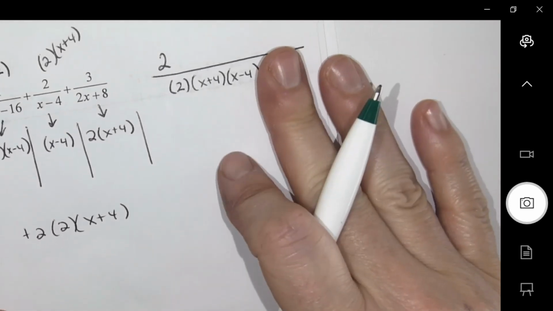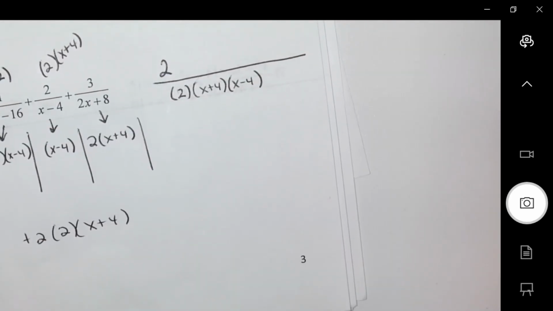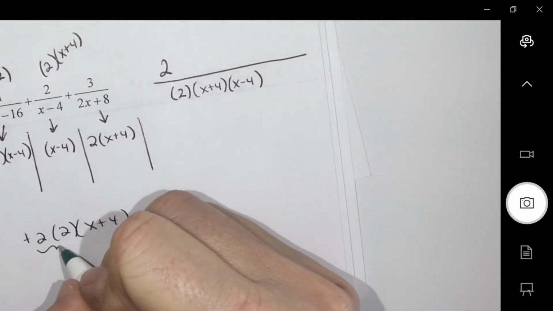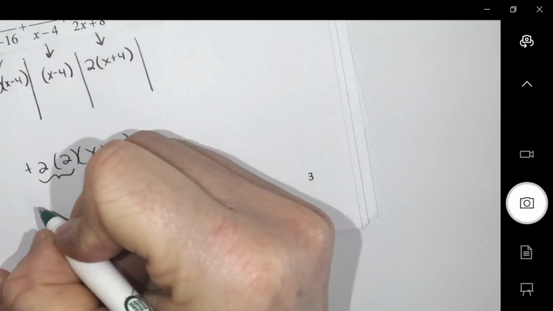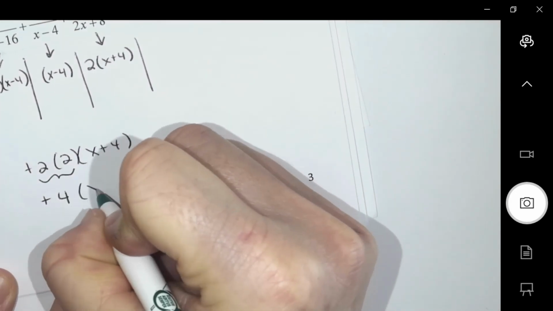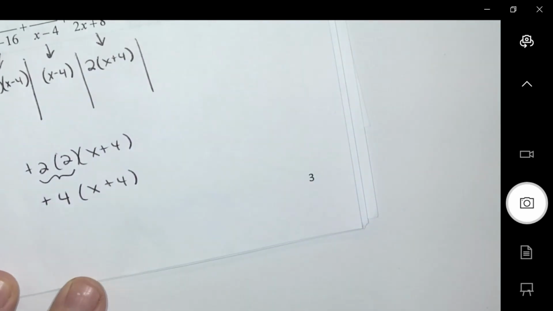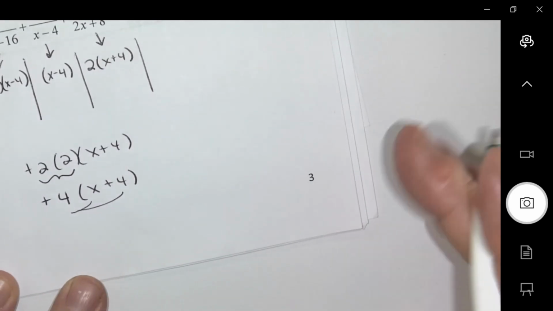Okay, when you have 3 items multiplied, multiply 2 of them. So you're picking those, 2 times 2. After you've multiplied 2 things together, rewrite it. Now take that times the third.